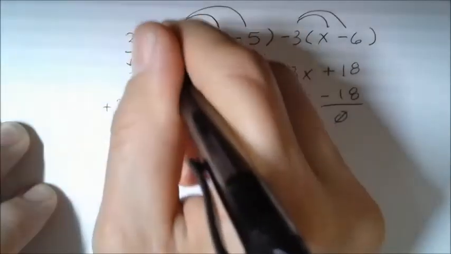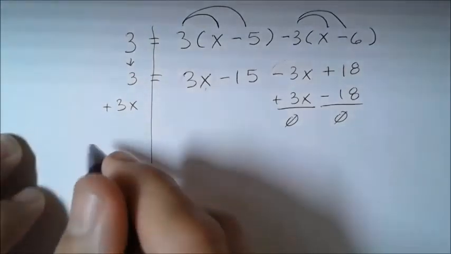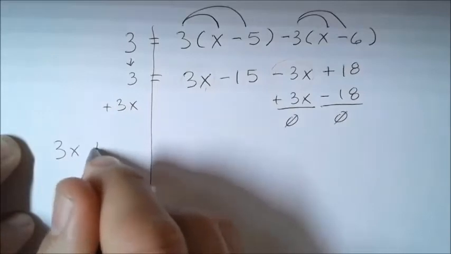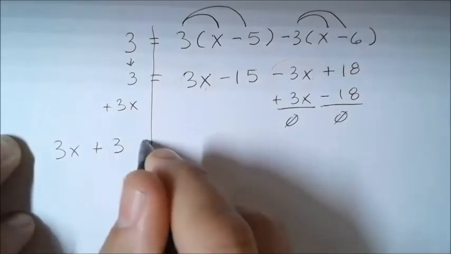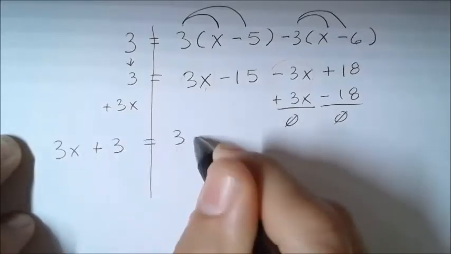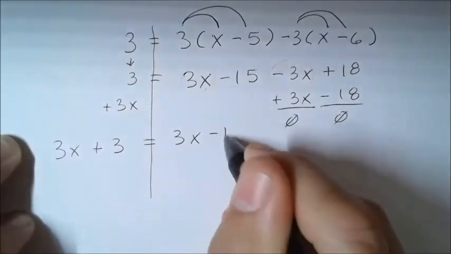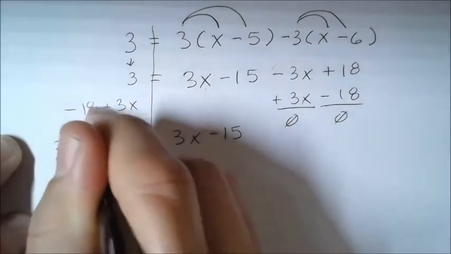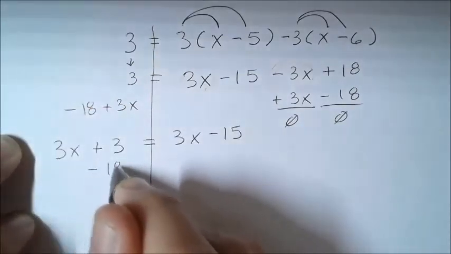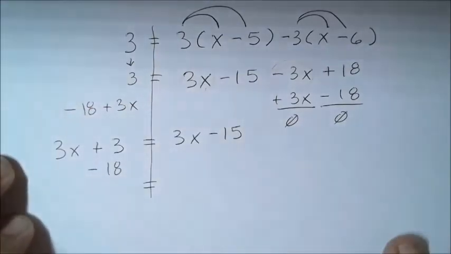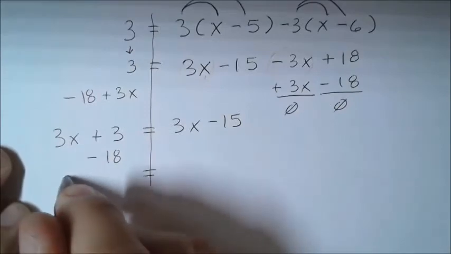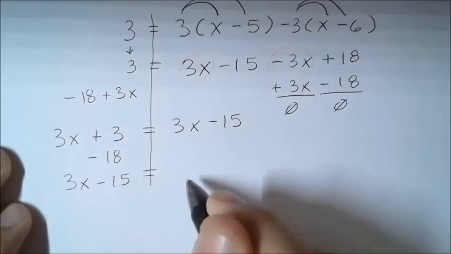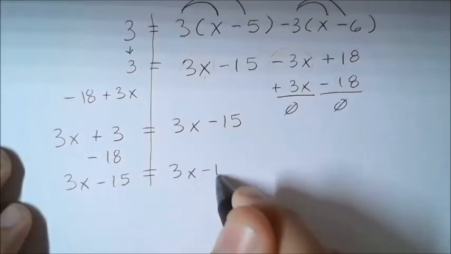What I'm left with, if I break that up this way, is 3x plus 3 equals 3x minus 15. And then we subtracted 18, so we also have to subtract 18 over here. So let me subtract out that 18. And we have 3x minus 15 is equal to 3x minus 15.